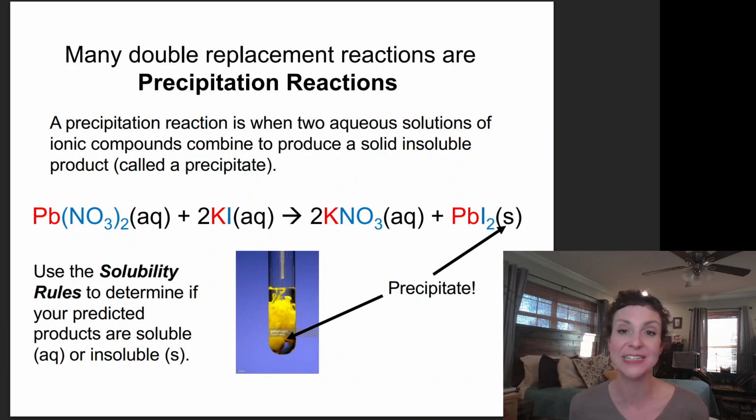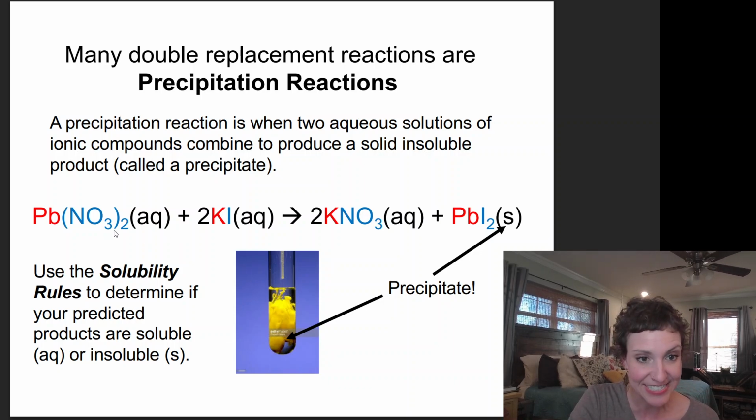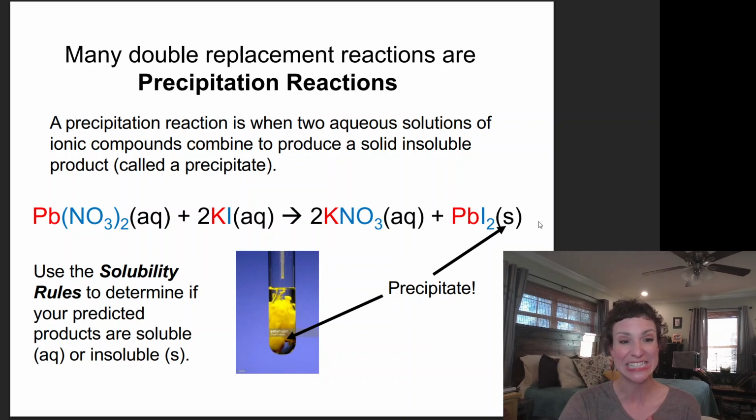Now, here's the cool thing about double replacement reactions. They're super fun. A lot of them are precipitation reactions. We said the formation of a precipitate is a sign of a chemical reaction, and we said that the formation of precipitate happens when you mix two aqueous solutions of ionic compounds. And yes, they will produce a solid insoluble product that is called a precipitate.